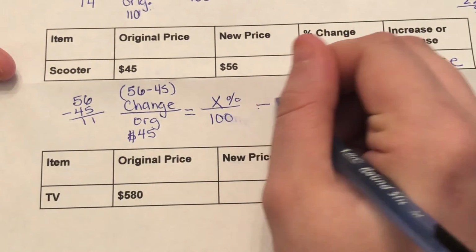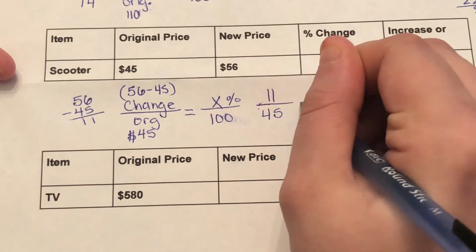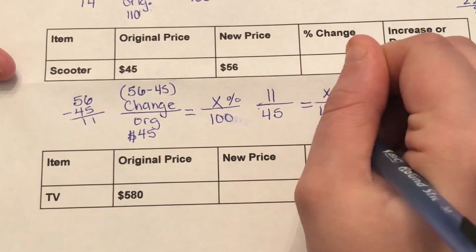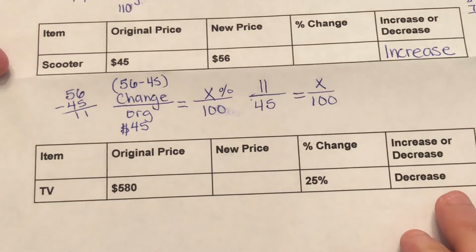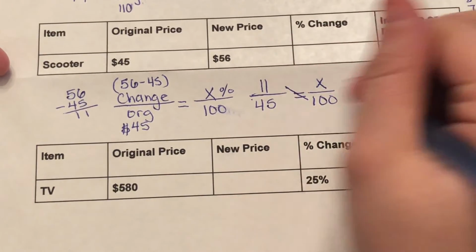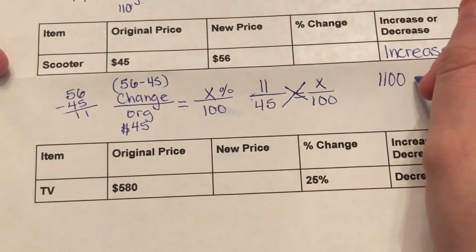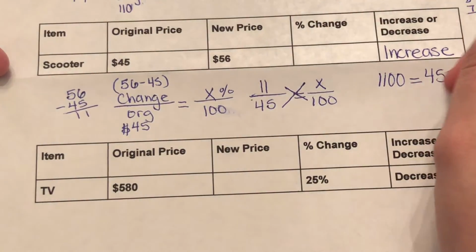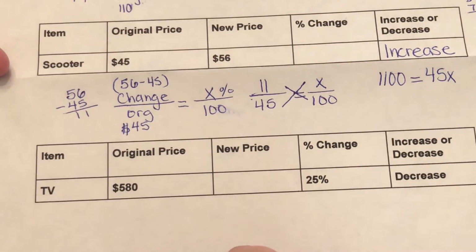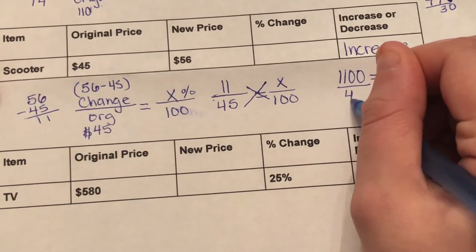Now I just write it again as a proportion: 11 over 45 equals X out of 100. I cross multiply, and I get 1100, because 11 times 100 is 1100, equals 45x. Yep, that's right. So now I'm going to divide by 45 on both sides.